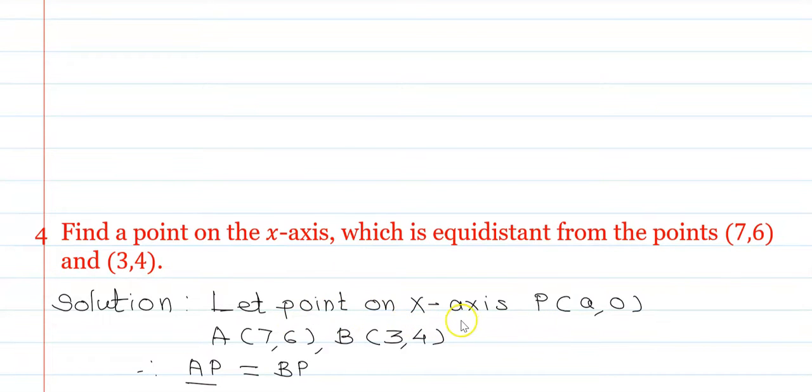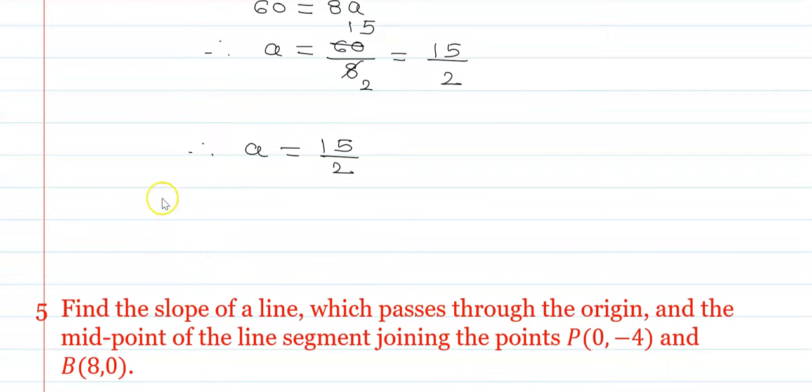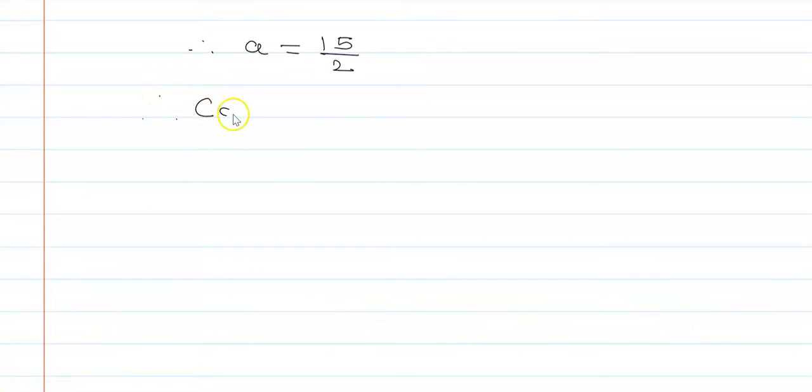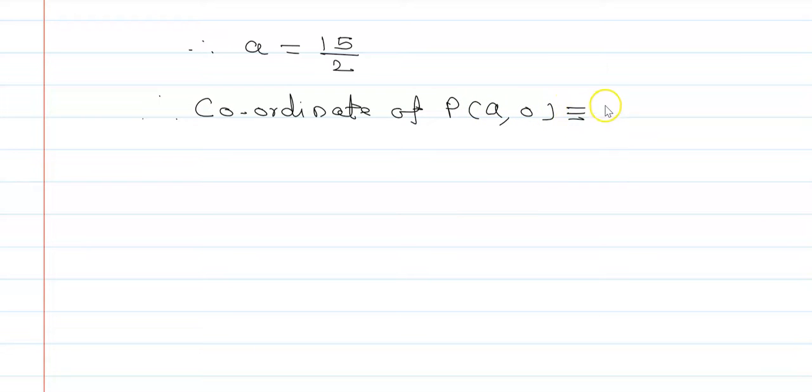Therefore, we have the coordinates of the point P, which is on the x-axis. The coordinate of P is (a, 0), that is (15 upon 2, 0).